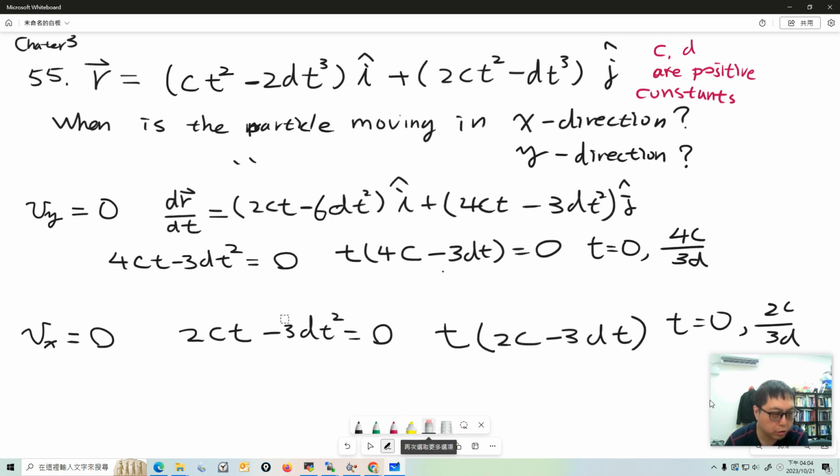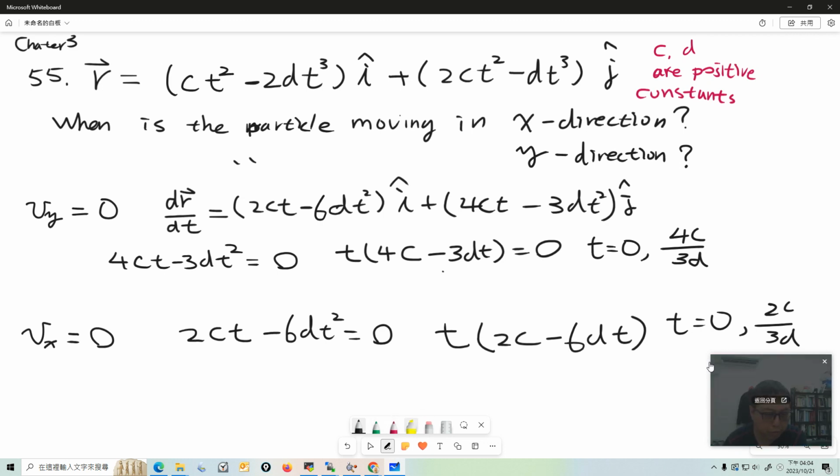Here it's 6, this is 6. So this will become c over 3d. Okay, so that's the answer.